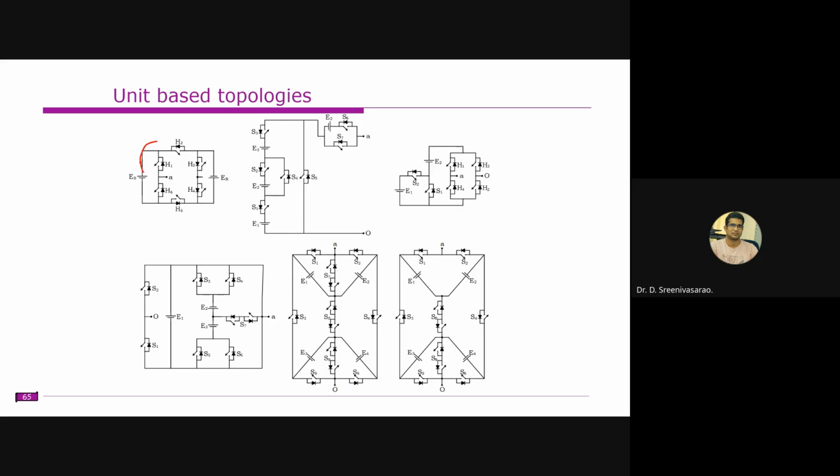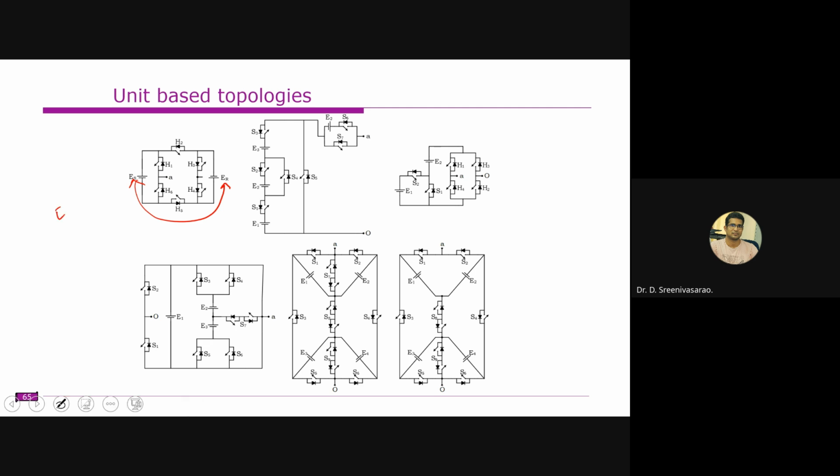Somehow we need to bring these two sources in series. So if you turn on this switch, and properly operate this one, we can add these two together, we can subtract these two, and also we can add in the negative direction.